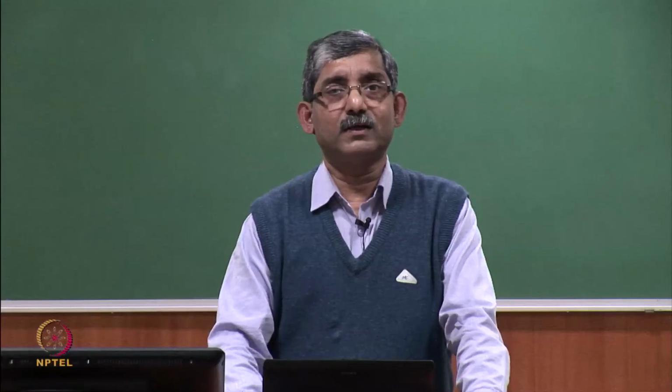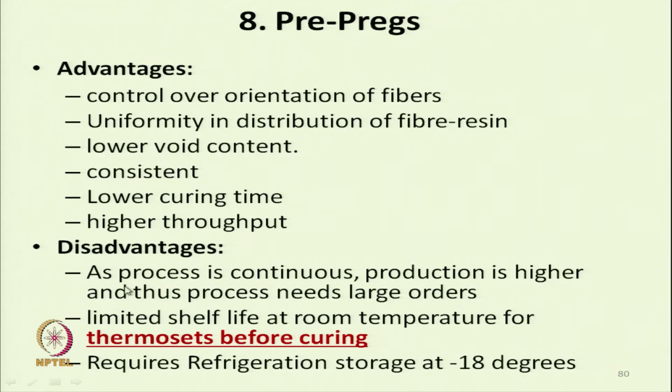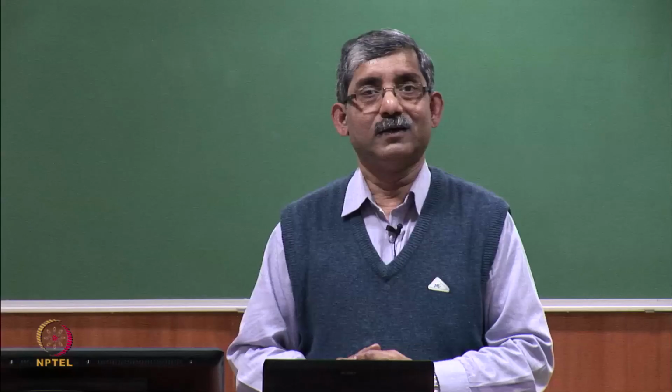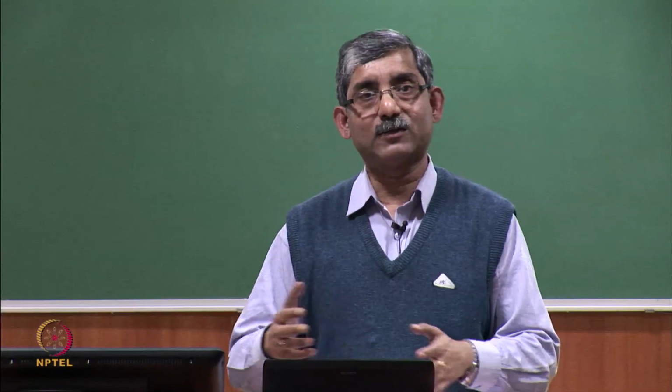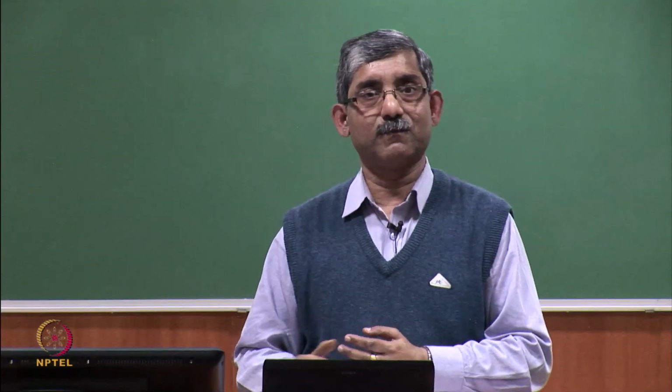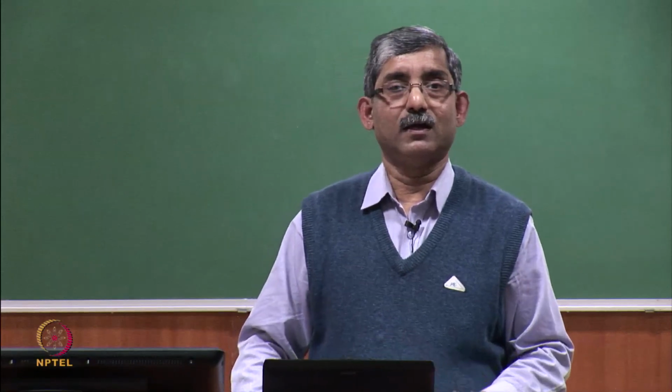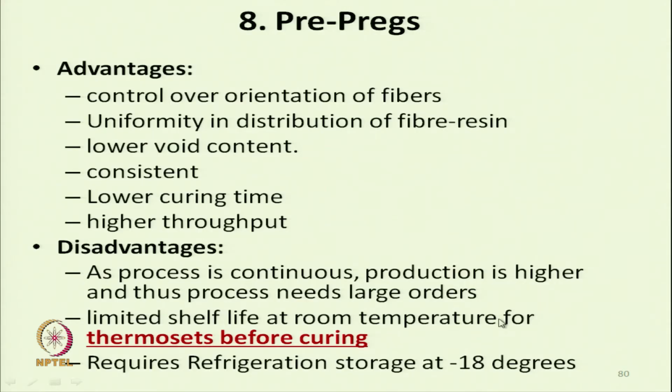The main disadvantages are, as the process is continuous, the production will be high. So, a large order is required, otherwise this is not suitable for batch-wise production, it is a continuous production. And at the same time, if we produce a large quantity with the thermoset resin, if we keep it for a long time, then this will get solidified.